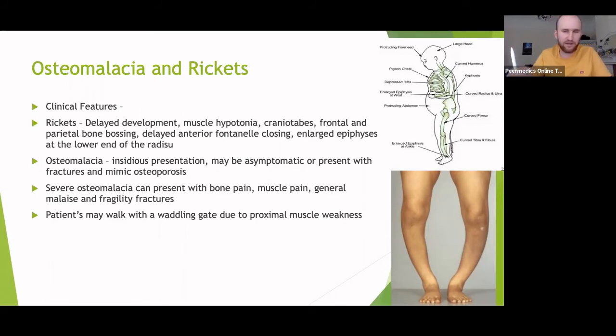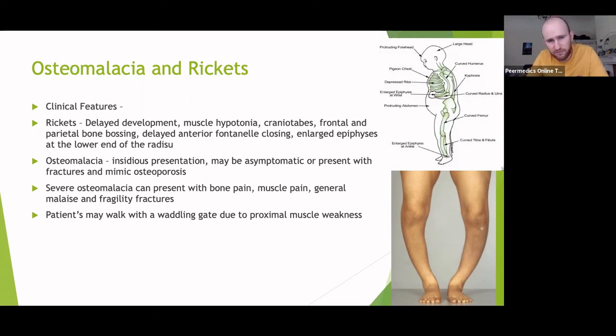But basically, that's where you can press on parts of the cranium like a baby. Basically, your fontanelles will sort of cave to pressure. You also have bossing of the head, particularly frontal and parietal, enlarged epiphyses of the radius, so you can sometimes do x-rays and that might show that.